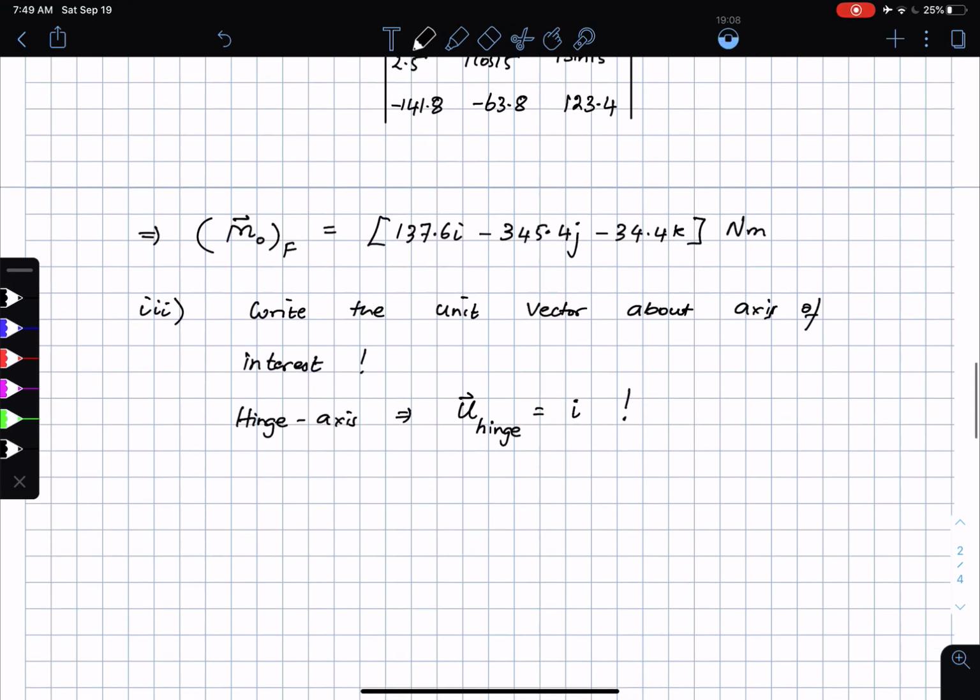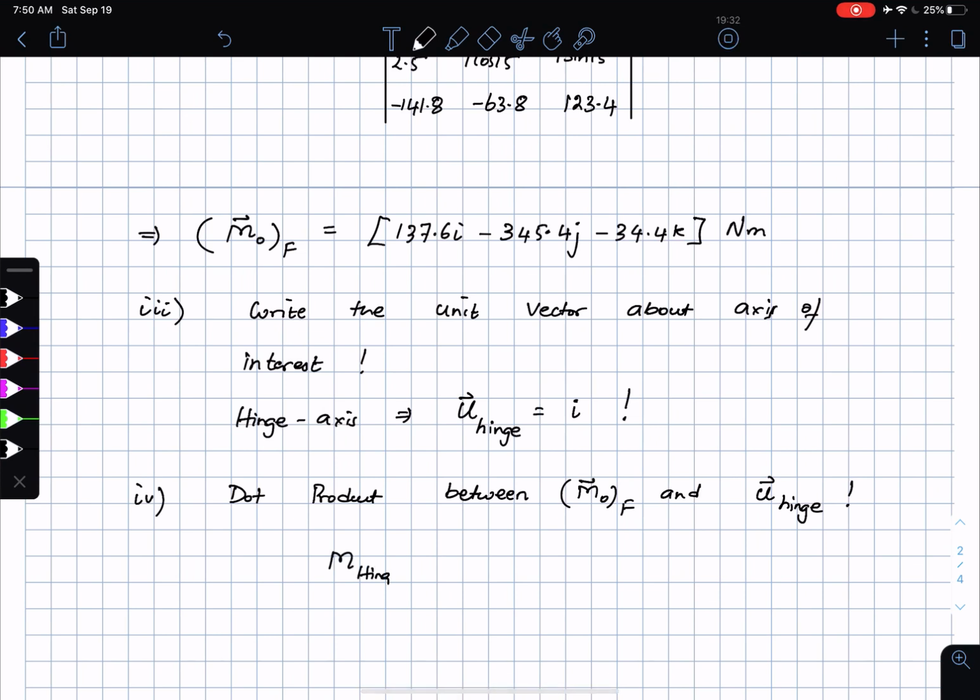And then what do I do? I take the dot product between M_OF and U hinge, and that's going to give me the magnitude of the moment about the hinge. So this is going to give me M hinge due to the force F, the magnitude only.